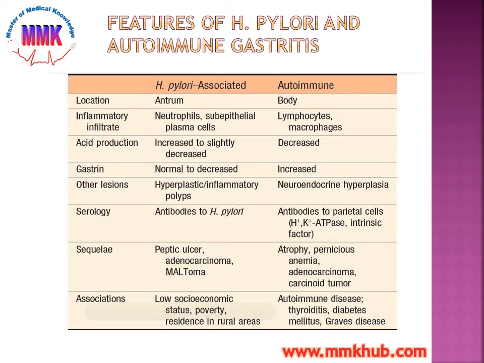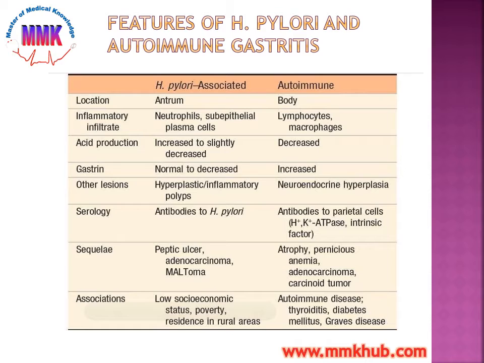Sequelae of H. pylori associated gastritis include peptic ulcer formation, adenocarcinoma, and maltoma, while the sequelae of autoimmune gastritis include atrophy of the gastric epithelium, pernicious anemia due to intrinsic factor deficiency, adenocarcinoma formation, and carcinoid tumors.